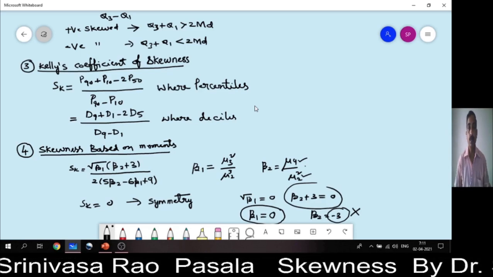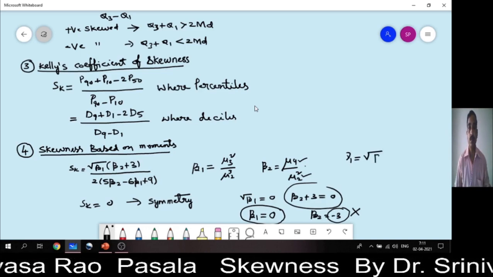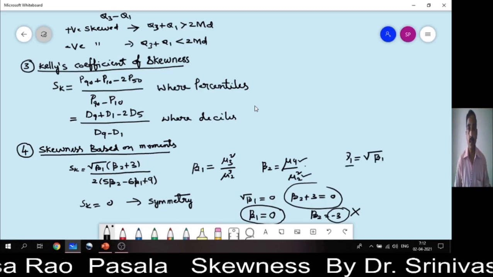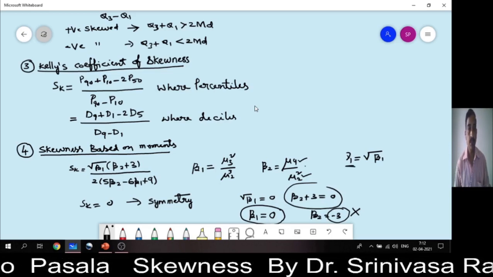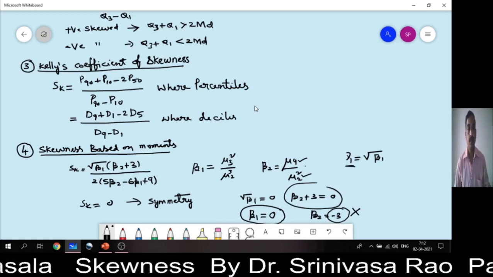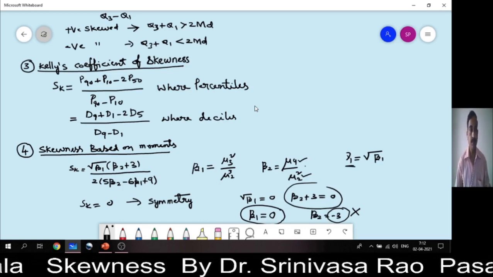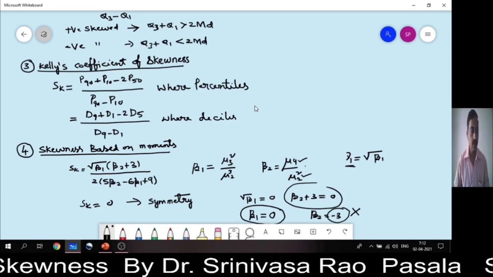So we have to calculate gamma 1. Gamma 1 is square root of beta 1, we know that. So based on gamma 1 and beta 1, we decide whether the given distribution is a positive or negative skewed distribution. I hope you understood the four measures of skewness.